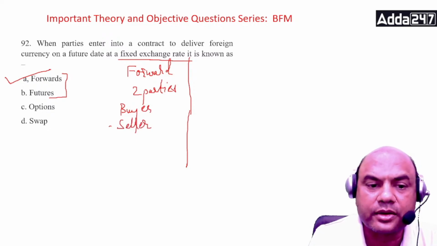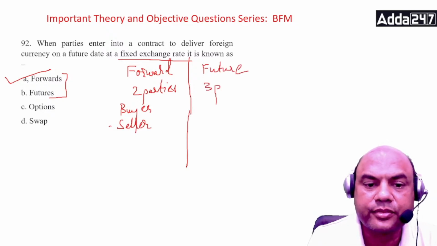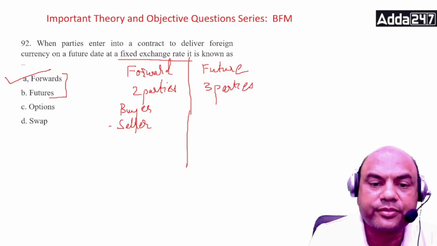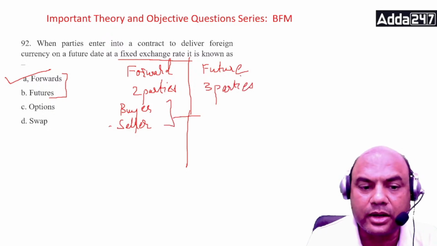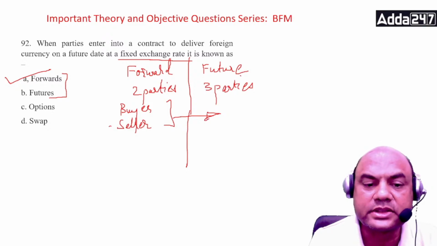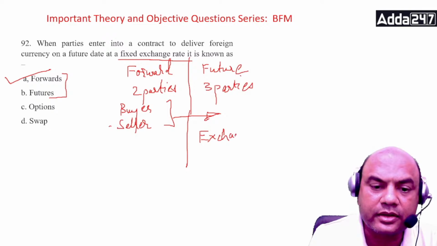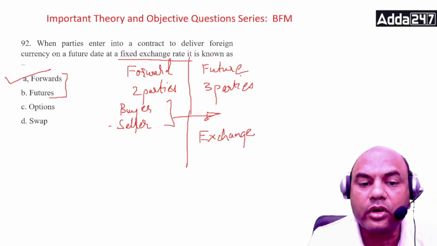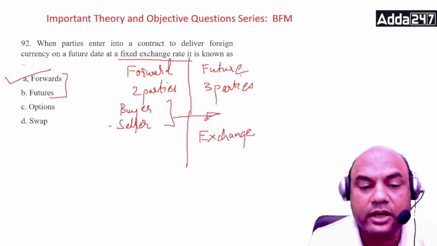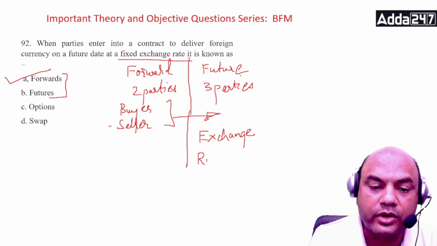In future there are three parties. Which are those three parties? These two are the same, plus the third one is the exchange. This is a third party. So always remember, future is a regulated forward.